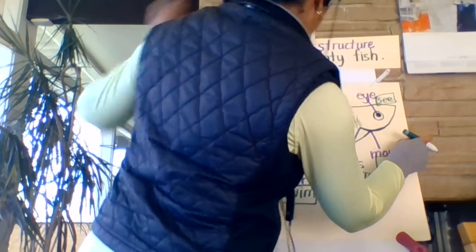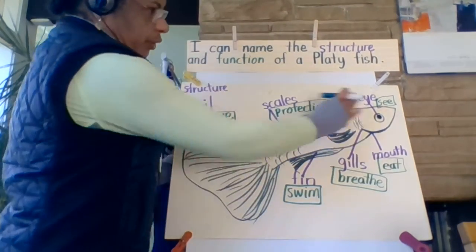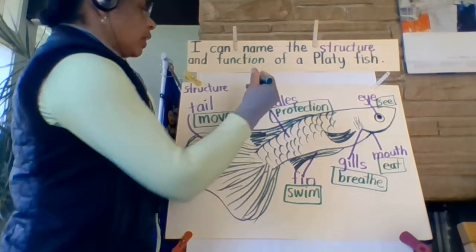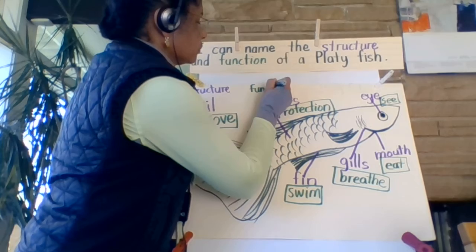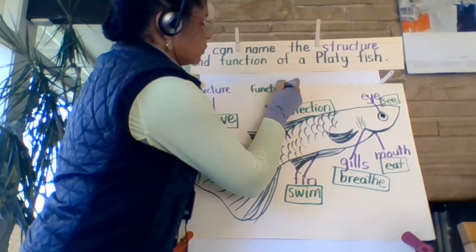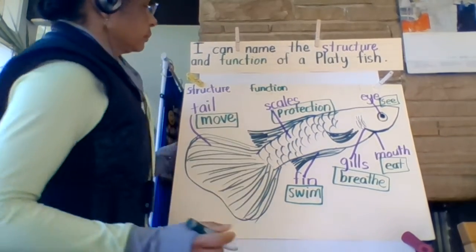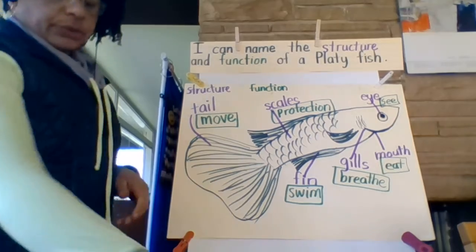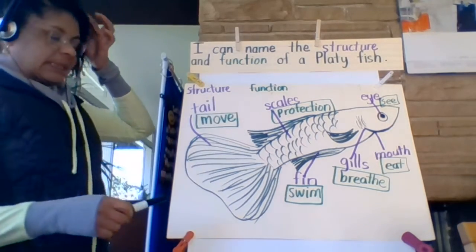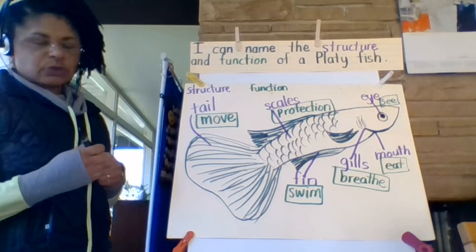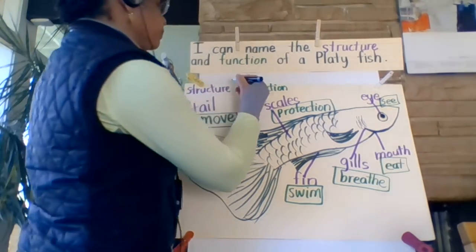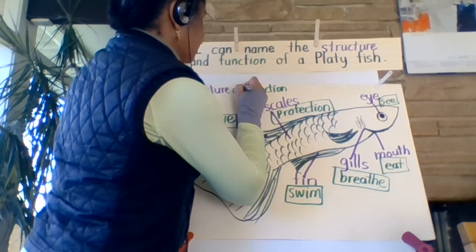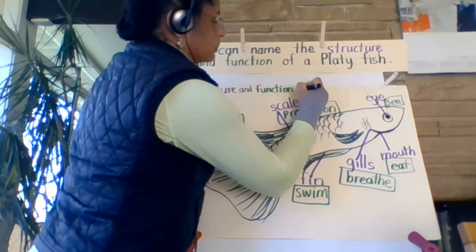Okay, and these words in green are the function. So now we have completed our scientific illustration of a platyfish, labeling the structure and function of it.